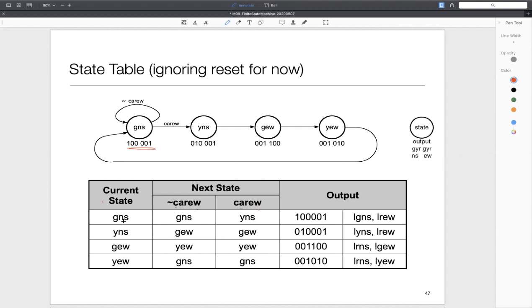If my current state was GNS and car east-west was 0, then I stay in GNS. That's what we see here, which corresponds to that loop. If on the other hand car east-west is high, then I take this transition and move to YNS.